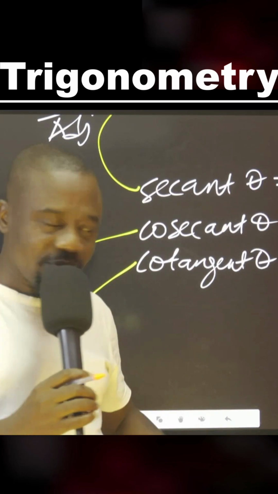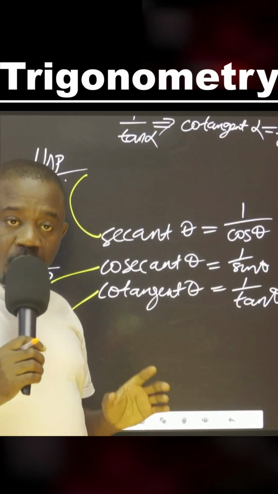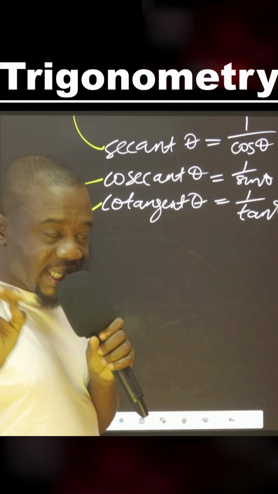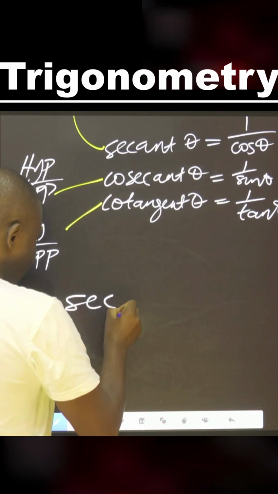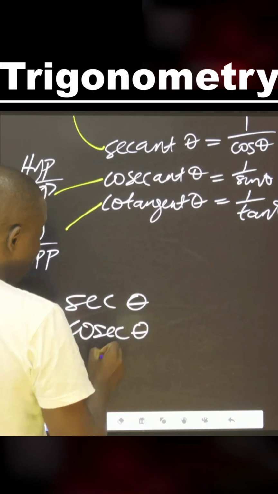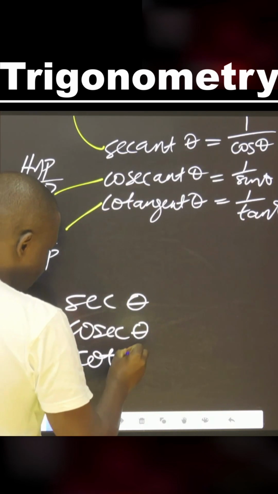Just the reverse of cosine, sine, and tangent. So you can refer to the first one, secant, as sec theta. This one is cosec theta, while this is cot theta.